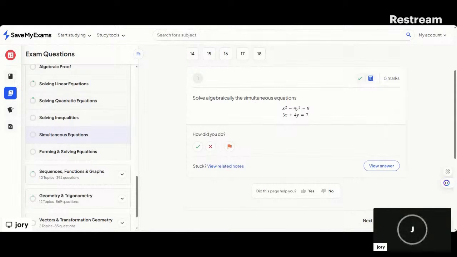Negative 5x squared plus 42x minus 49 plus 36 is 85, and then make it positive, so 5x squared minus 42x plus 85 equals 0.